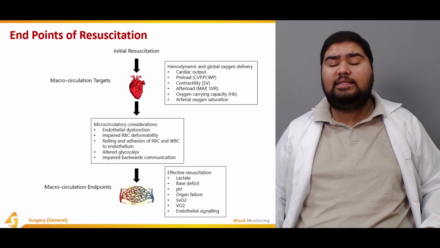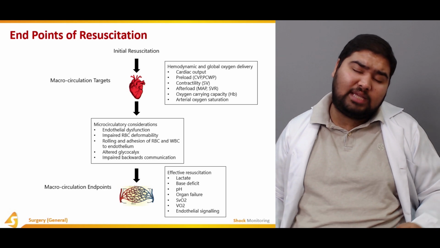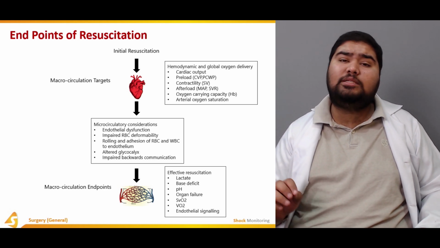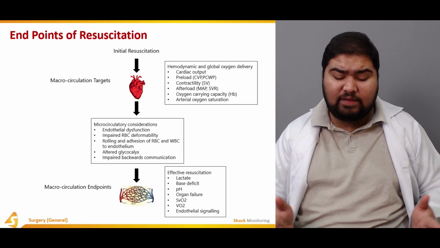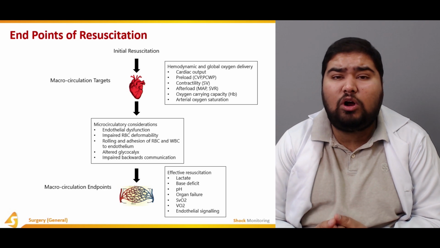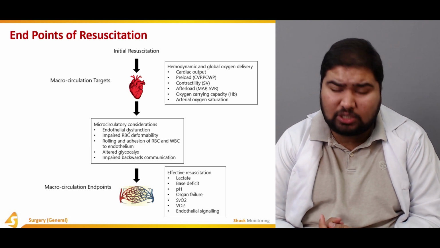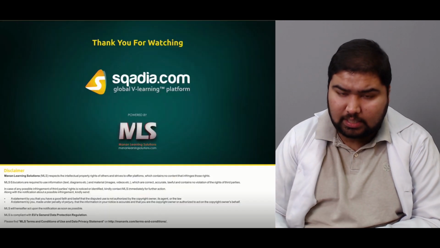The end of resuscitation is marked either by stabilization of the patient, or by expiry of the patient. Whatever end of the spectrum you might arrive at, you must have given your best to resuscitate the patient, because that is your duty as a doctor.